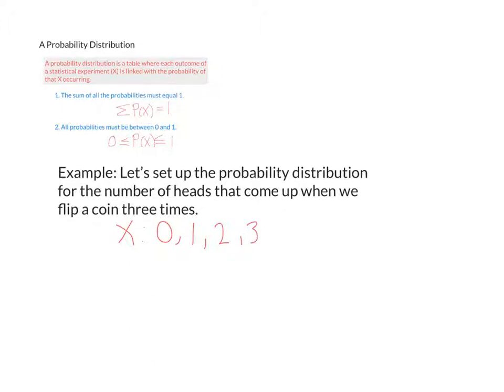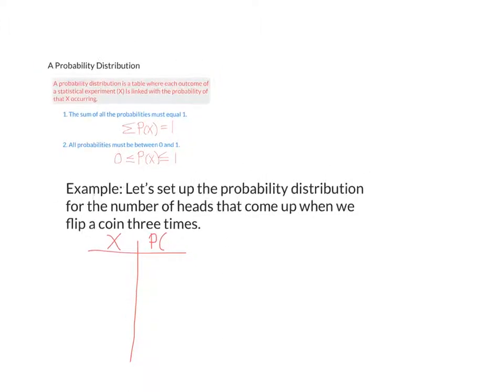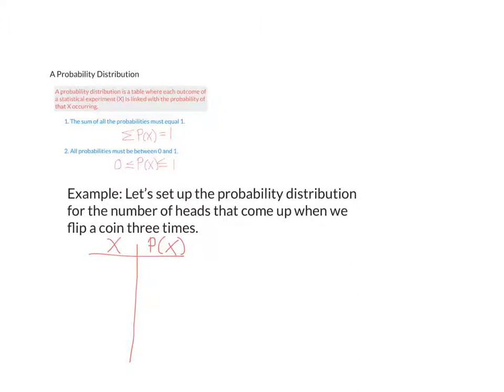I'm going to put those values in a chart. Here I have my x for my random variable, and on the right side it will be the probability of x. I can have 0, 1, 2, or 3 heads occur on 3 flips of my coin.